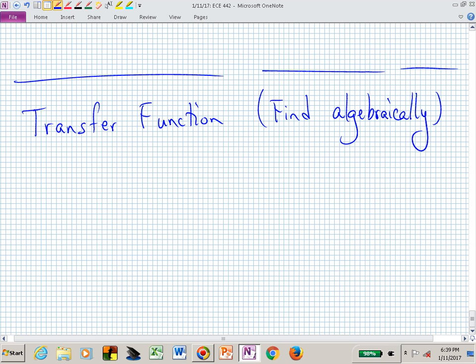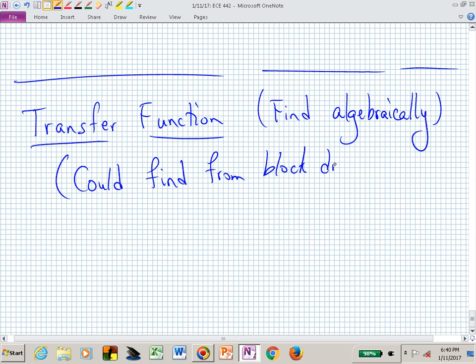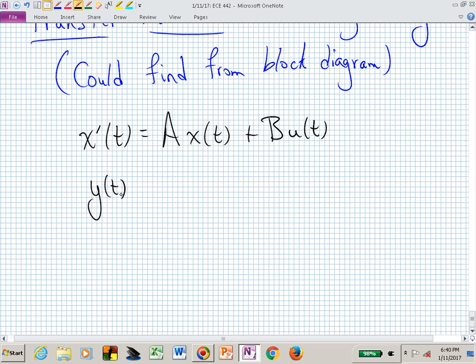Let's find it algebraically, from these equations. We have x prime is equal to A x of t plus B u of t, and the output equation is Cx plus Du.